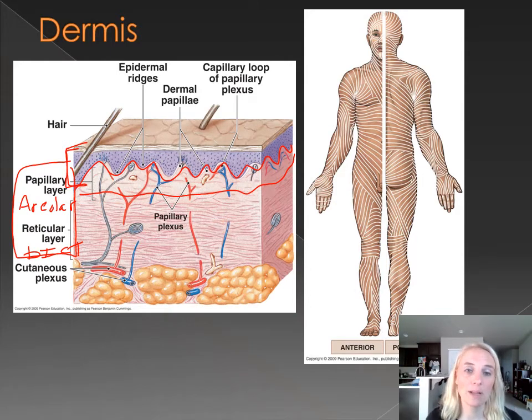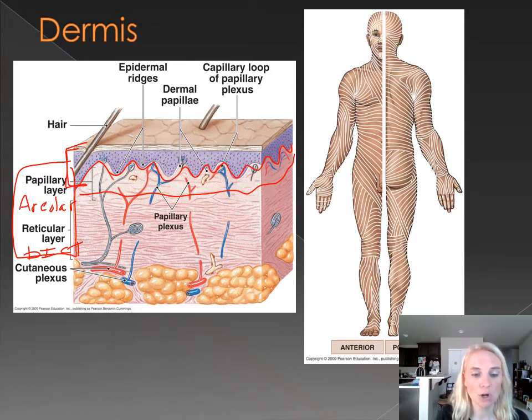So one of the main things I want to talk about here in the dermis is the blood supply, because we mentioned the epidermis is avascular, lacks blood supply. So the only way those cells of the stratum basale and the stratum spinosum are going to get nutrients and oxygen and get rid of carbon dioxide and waste products is the capillary beds in that papillary layer.